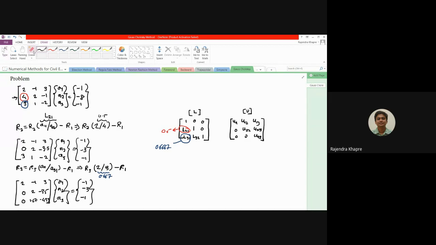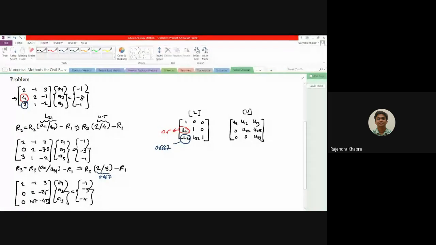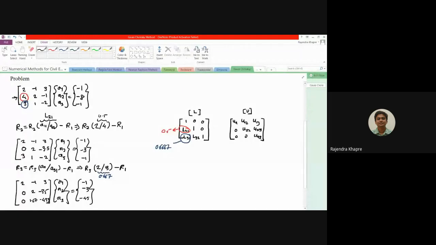Since we are operating on the third row, I should not write this as 1. ये कितना आना चाहिए? Yes, minus 4.3. Minus 4.3. अच्छा नहीं, वो नहीं.